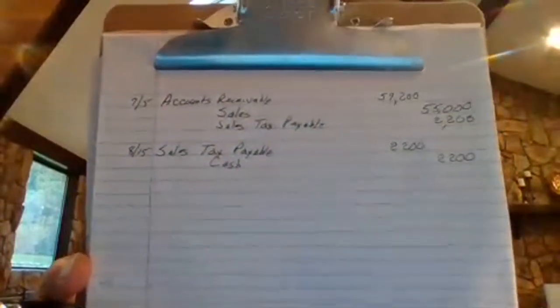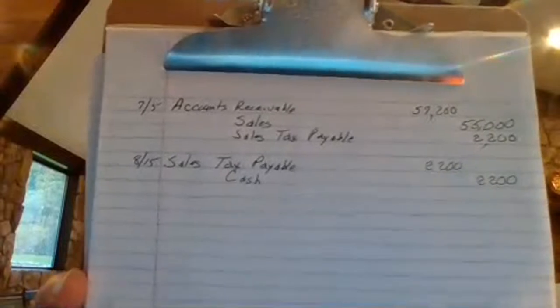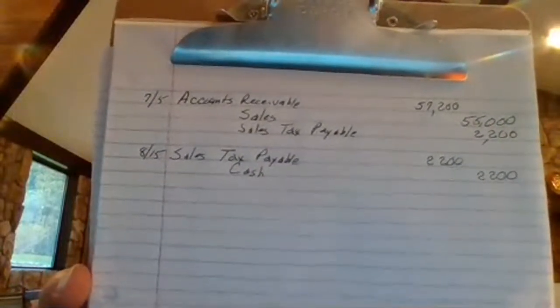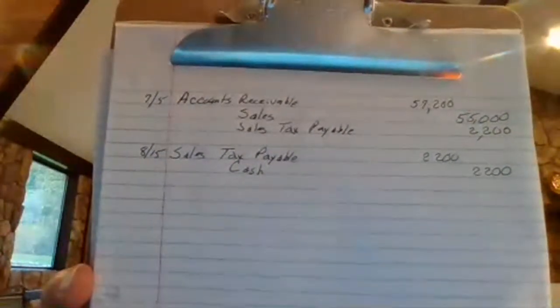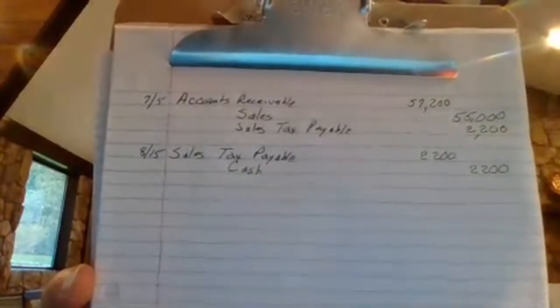And there's what the entry would look like. A debit to sales tax payable because we're satisfying that liability that we incurred in July, and a credit to cash because we have to send them a check.